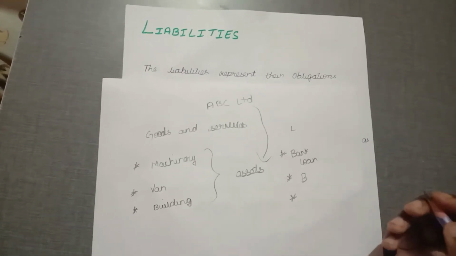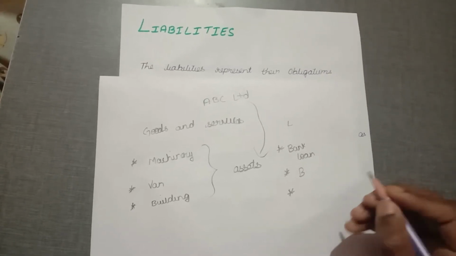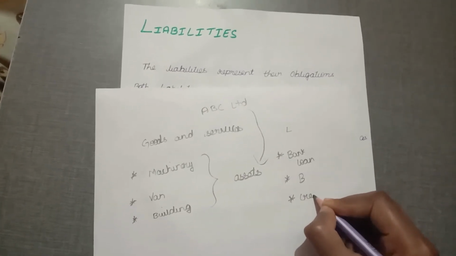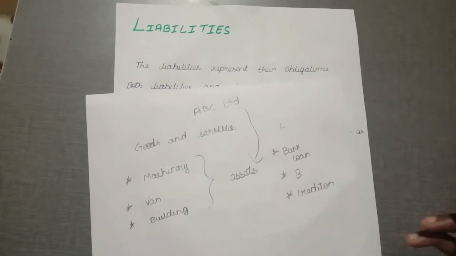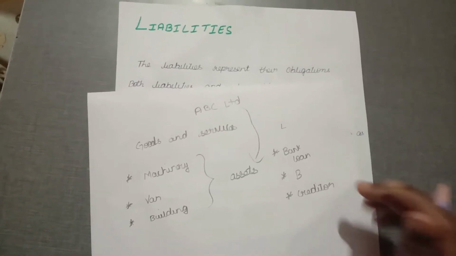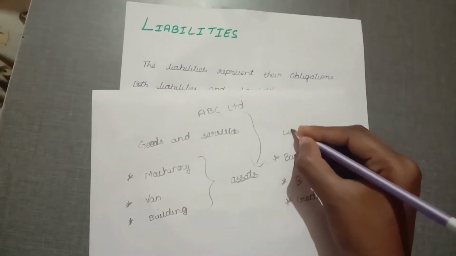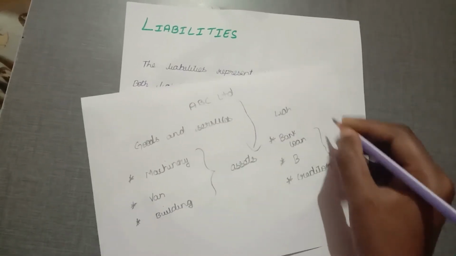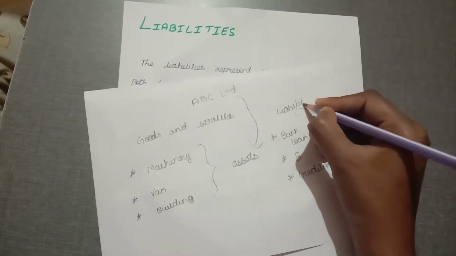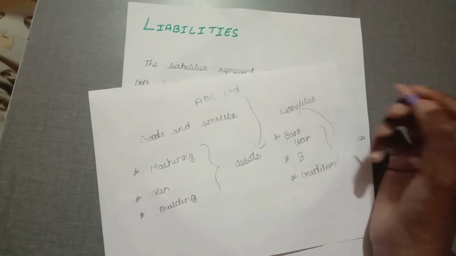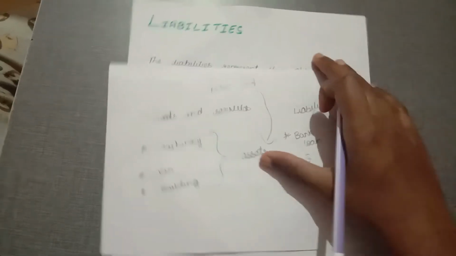They also took an amount from creditors for developing their business, and that also comes under liability. These are the items that come under liabilities.